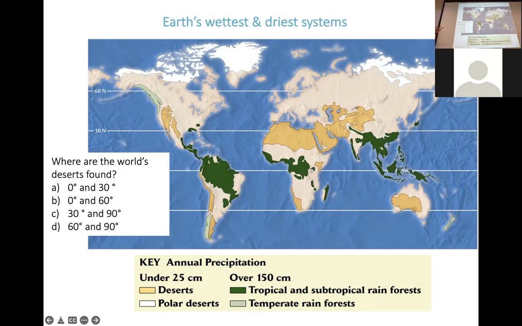They just don't get a whole lot additionally. So at 30 you get the typical deserts that we think of, say the southwestern US, the Sahara. Polar deserts are at the poles, also very dry. And that's driven by those cells primarily, the polar and the Hadley cells.